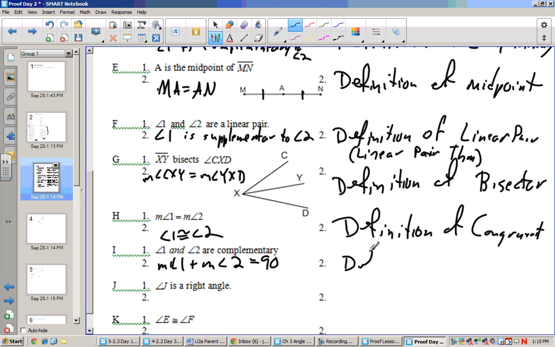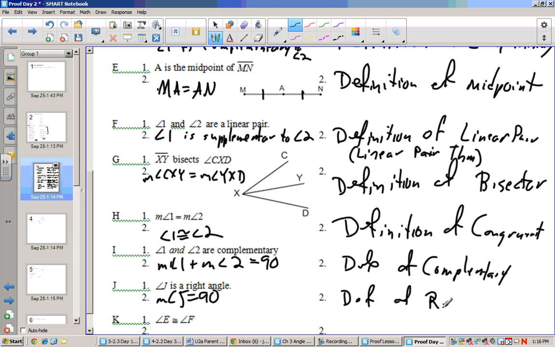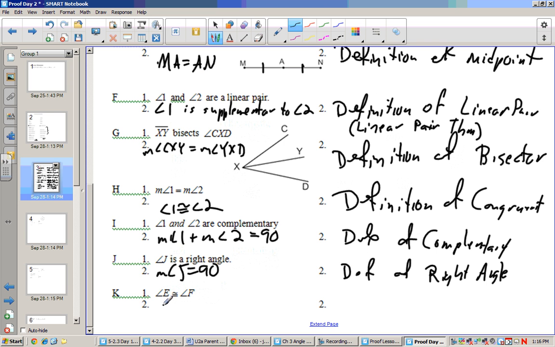And that's the definition of complementary. If angle J is a right angle, then the measure of J is 90 degrees by the definition of right angle. And we have one last one, angle E is congruent to angle F. We can show that the measure of angle E is equal to the measure of angle F by definition of congruence.